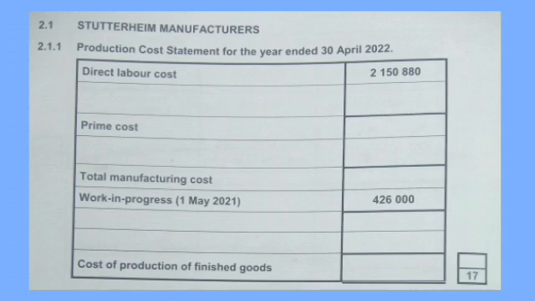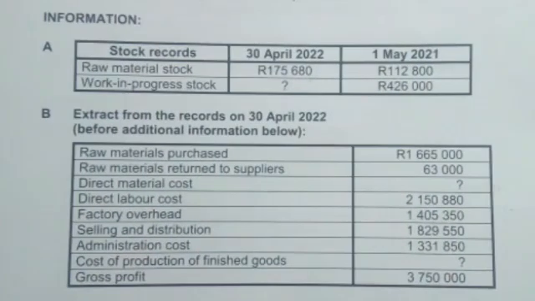In our answer book, we can see that direct labor has already been entered in our production cost statement, and what we need is to calculate direct materials. For us to calculate direct materials, we are going to look at information A and information B. Information A shows us the stock records for 30 April 2022, which is our year end, and 1 May 2021, which is our year beginning.